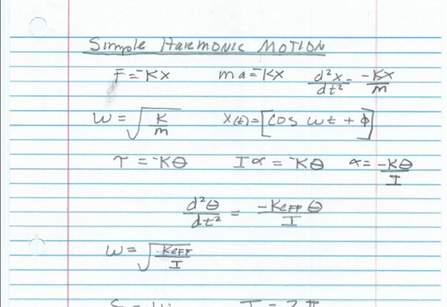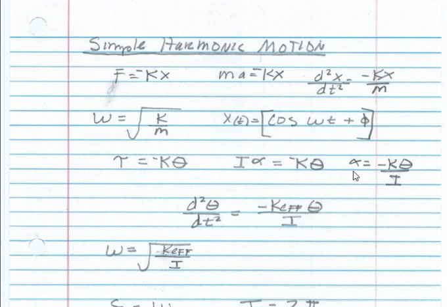Thus, torque equals minus k alpha, or theta. Okay, that's for the angular equivalency. If we look, we have force equals minus kx. Now we have torque equals minus k theta. And of course we have I alpha for torque, so I alpha equals minus k theta.